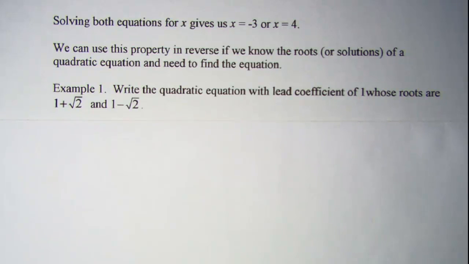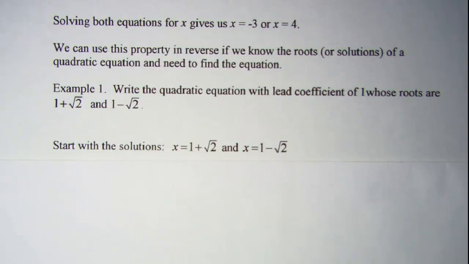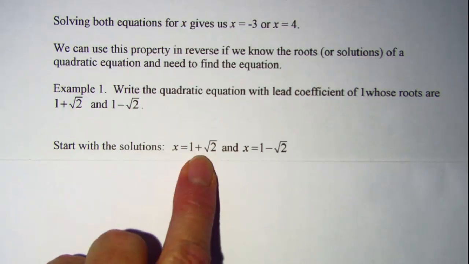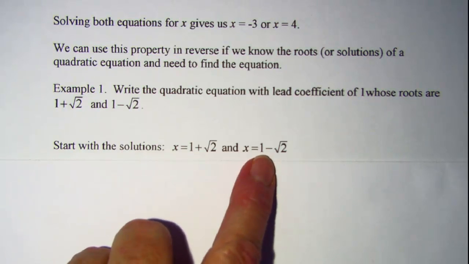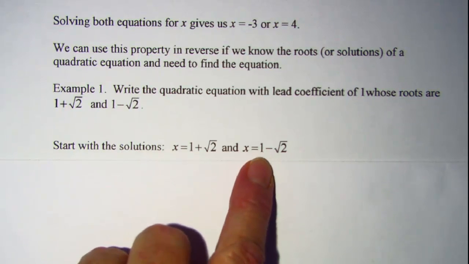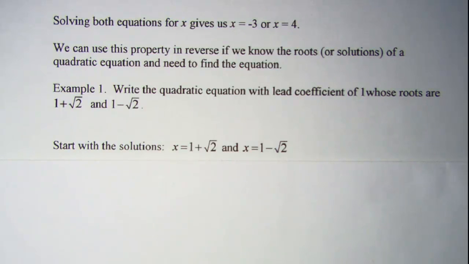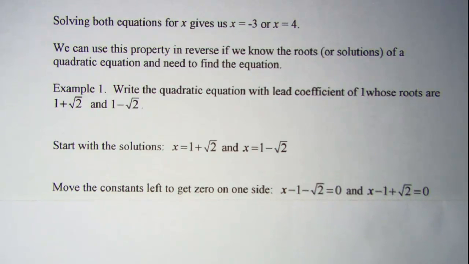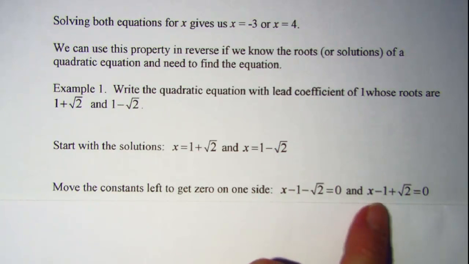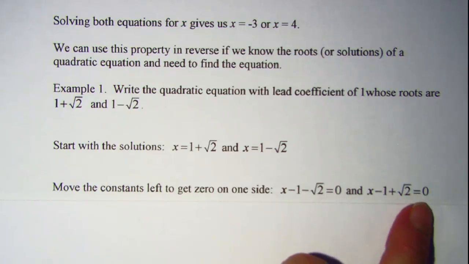Well, we start with the solutions. x is equal to 1 plus the square root of 2, and x is equal to 1 minus the square root of 2. Move the constants to the left to get 0 on one side, and we get x minus 1 minus radical 2 equals 0, and the other equation is x minus 1 plus radical 2 equals 0.